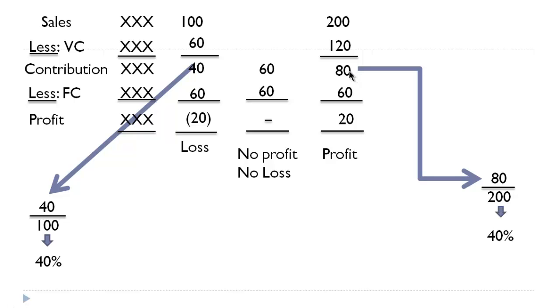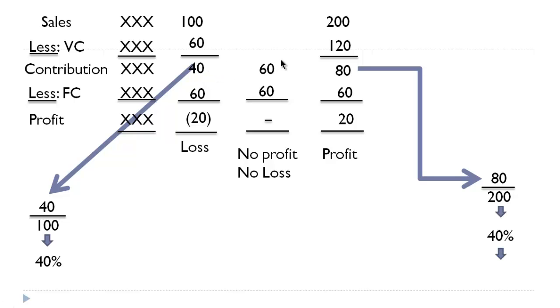How do you get this contribution? You get the contribution if you remove the variable cost from sales. So if your contribution is 40%, variable cost is supposed to be 60%. So if this 80 is 40%, then 60% is 120. And if this 40 is 40%, then 60% is 60.